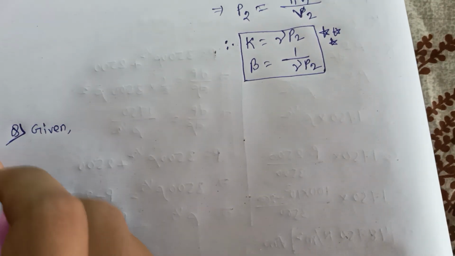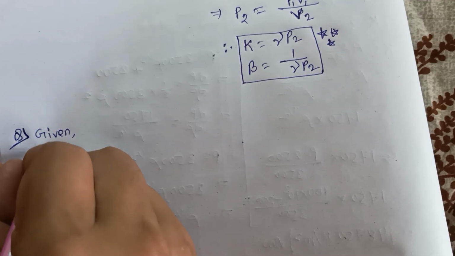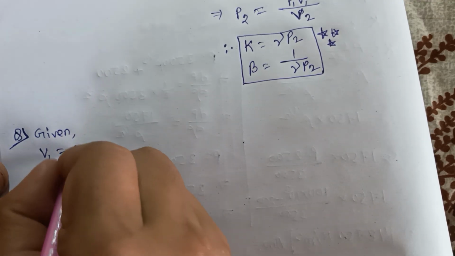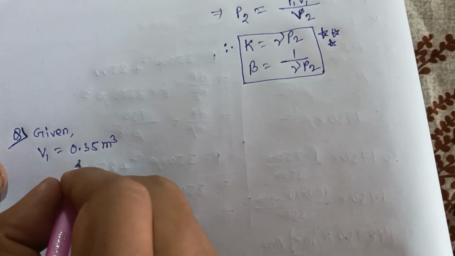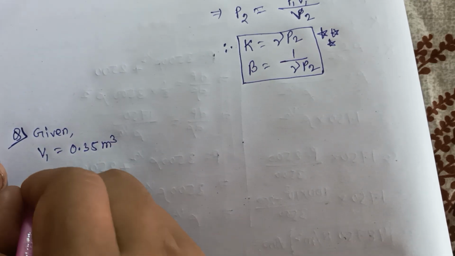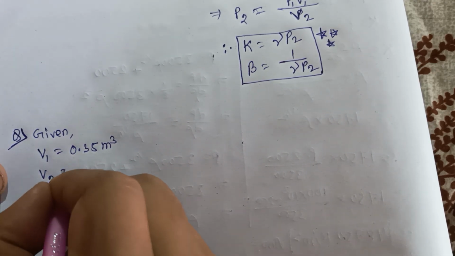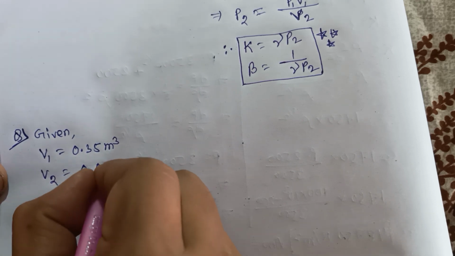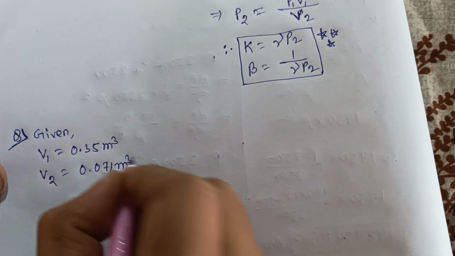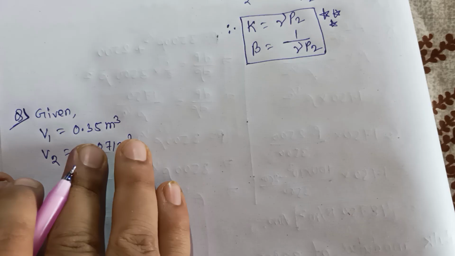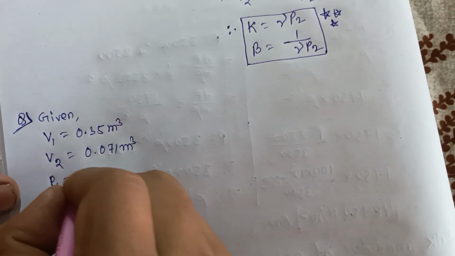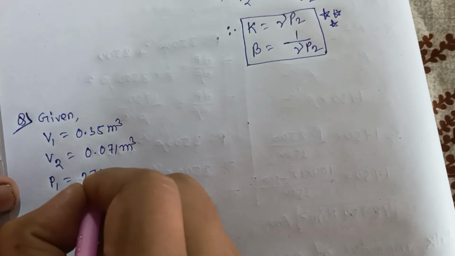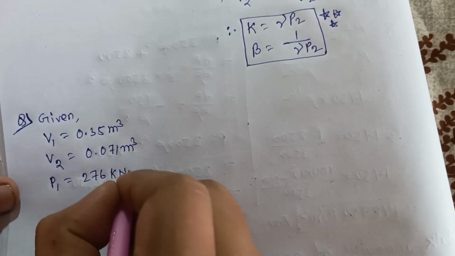So what is given in this question? The initial volume is 0.35 meter cube, and the final volume is 0.071 meter cube. The absolute pressure P1 is given, that is 276 kilonewton per meter square.